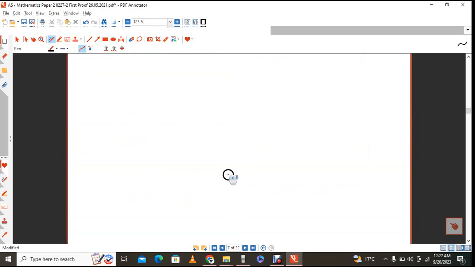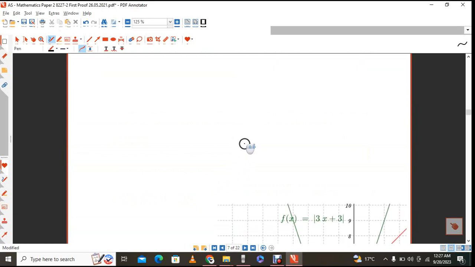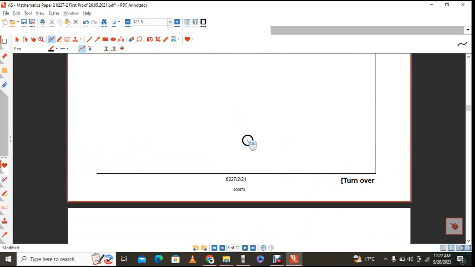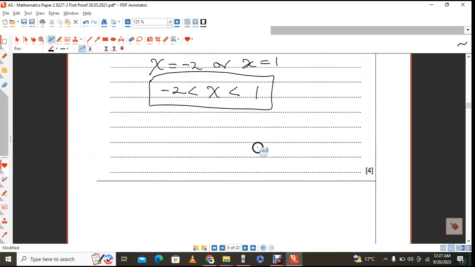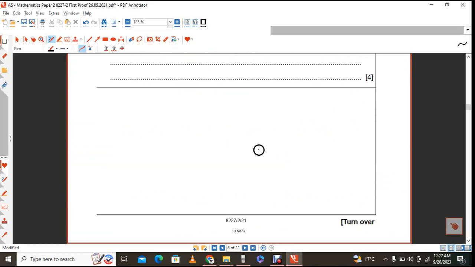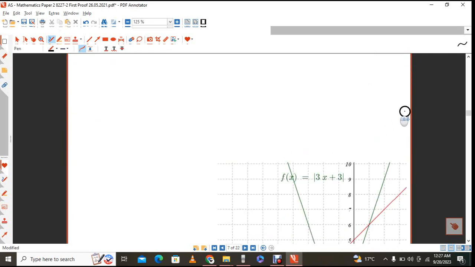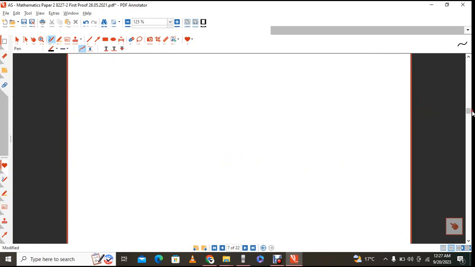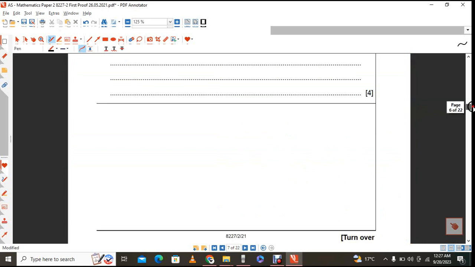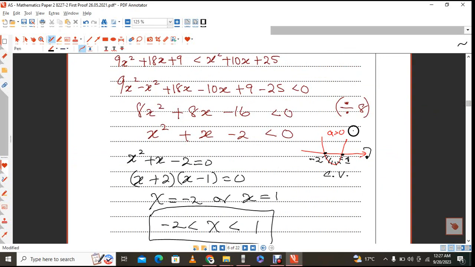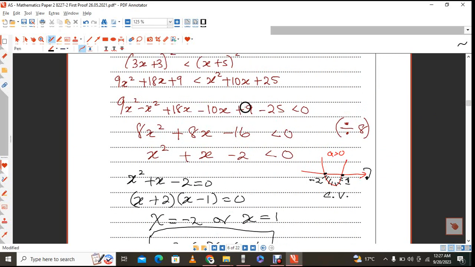Transforming a relationship to linear form. Let's see quickly when we are looking at our question 4. Just maybe to go back to our previous question. You can also solve this question by using a different method.